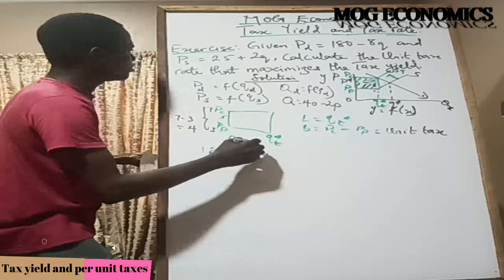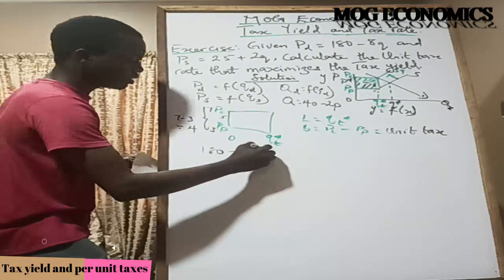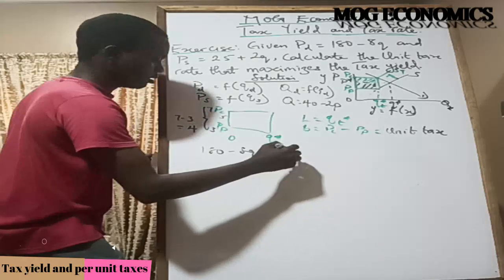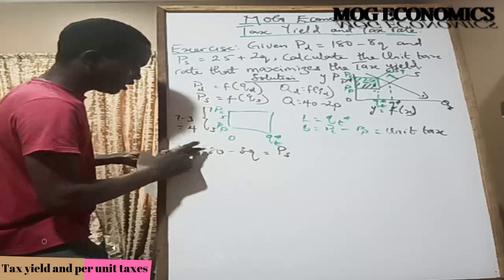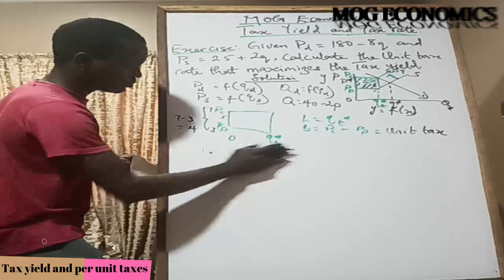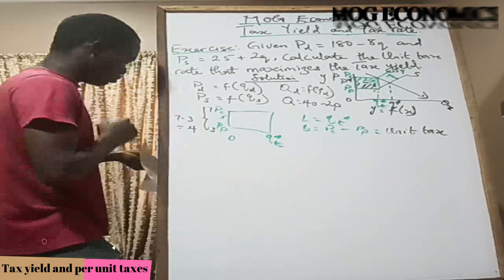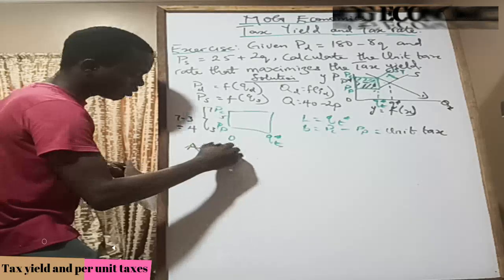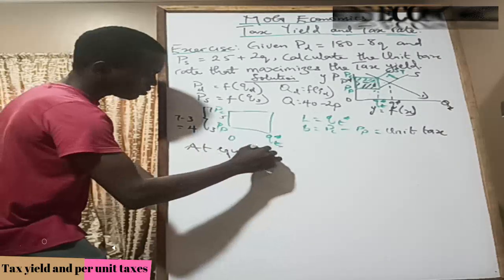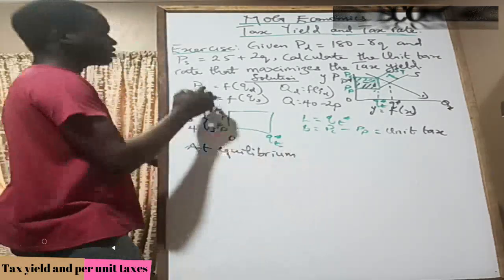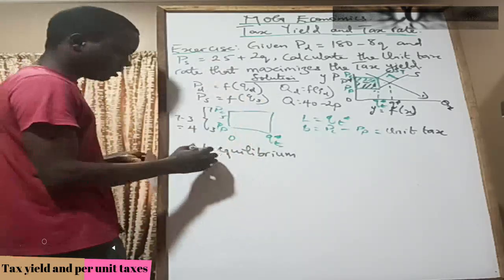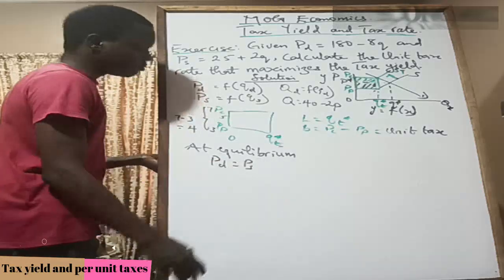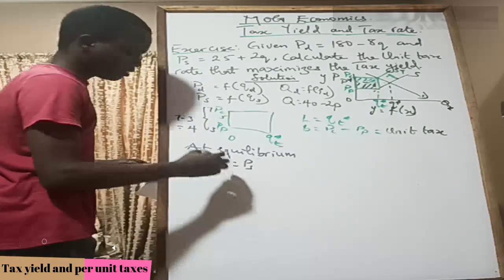At equilibrium before tax, we can just say PD equals PS, because normally PD is going to be equal to PS before tax.